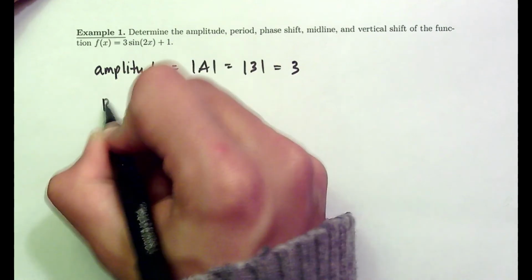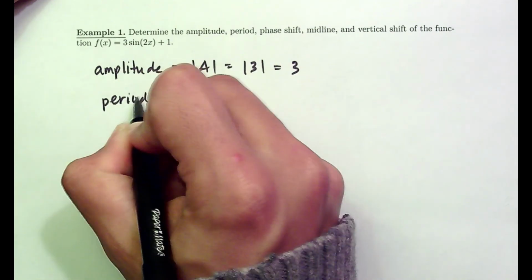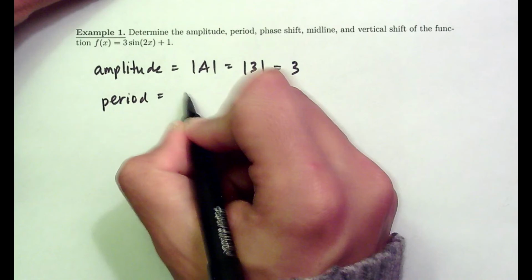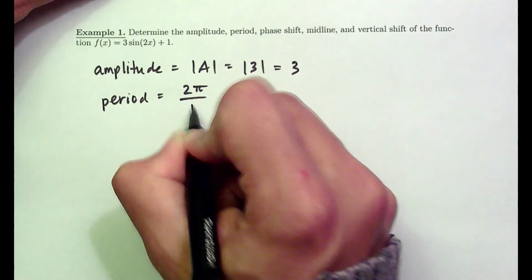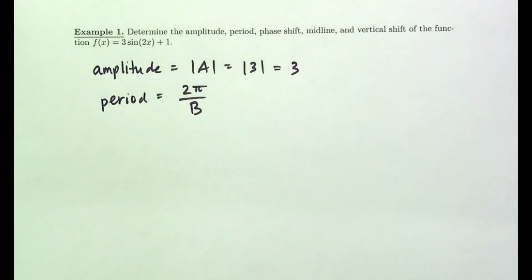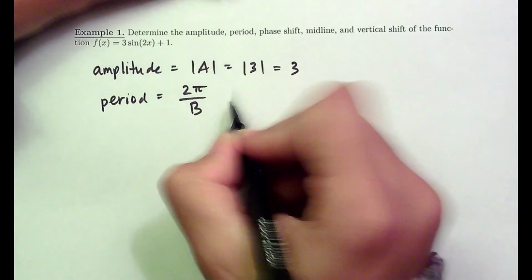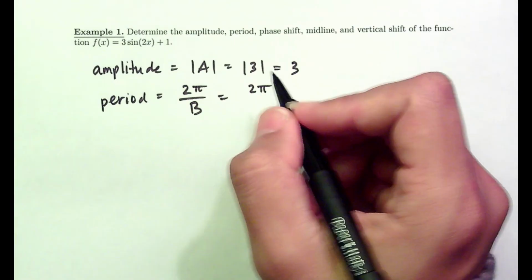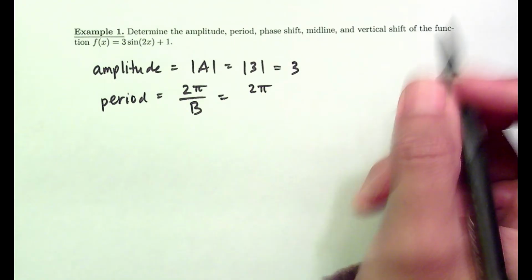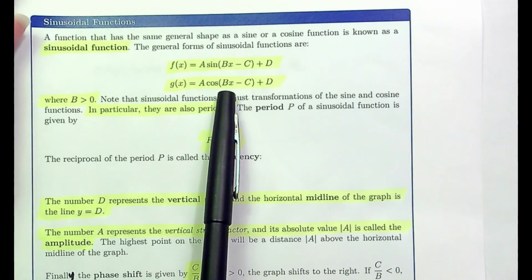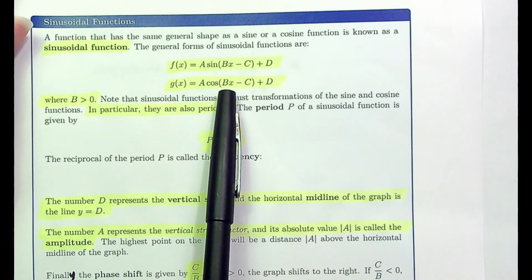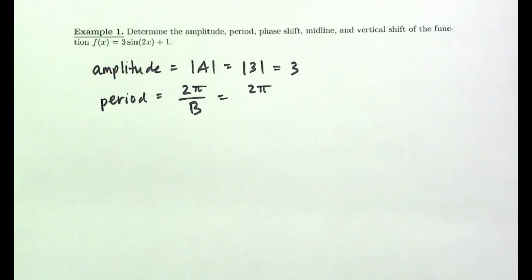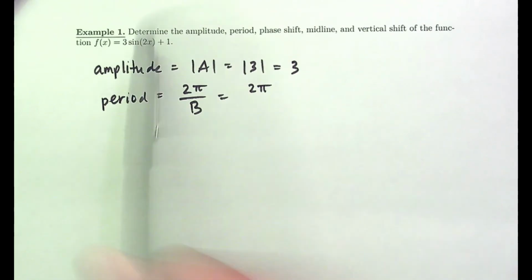All right, so the amplitude is done. Period. Okay, this is a formula. Remember that you have to memorize this formula. The period is 2 pi over b. So this is 2 pi, and what is the b? The b is the coefficient of x, so the coefficient of x here is 2.